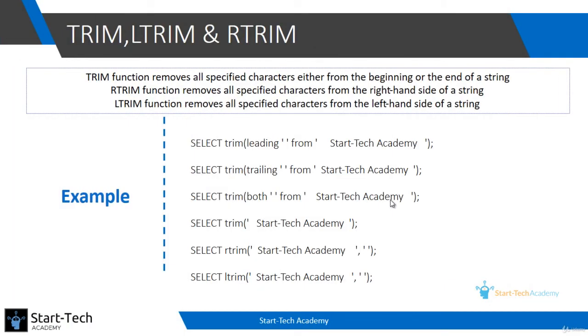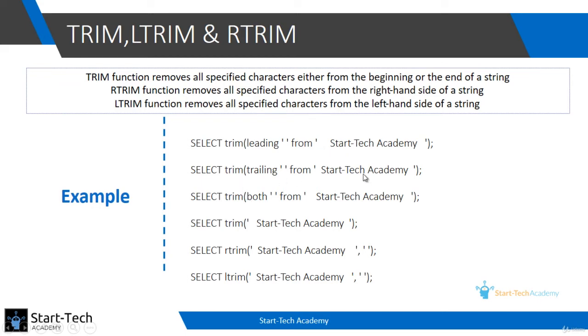So if you look at the examples, I write select trim leading, this is the character space, from this string. This is the string StarTech Academy. It has some spaces in the front, some in the back. If you have mentioned leading, it will only remove the leading spaces, which are the spaces coming before the string. So it will remove only these spaces.